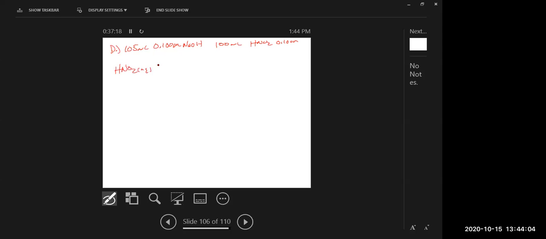So our nitrous acid plus our sodium hydroxide, giving us some water and a little sodium nitrite. Much like everything else we've been doing, we're going to get our moles of everybody because we're adding volume.